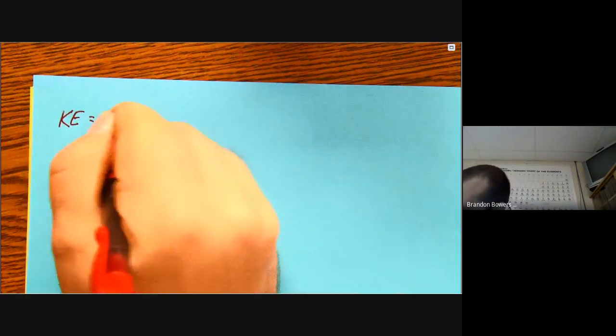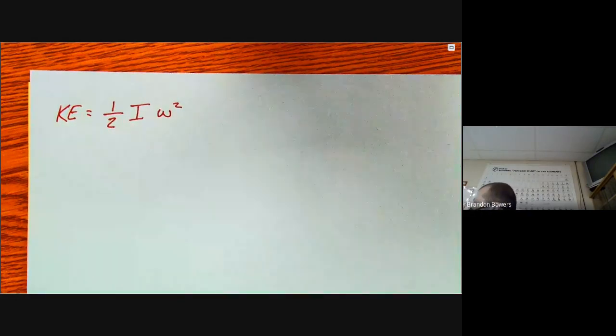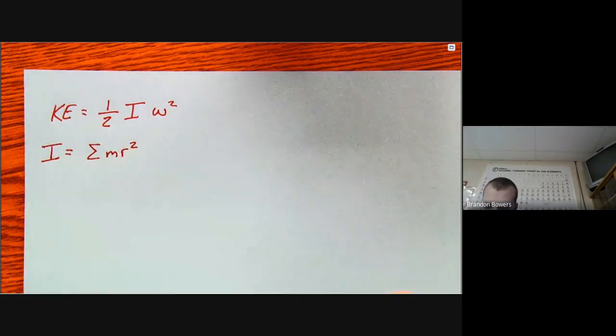We have learned, so my kinetic energy: kinetic energy is equal to 1/2 inertia omega squared. Inertia, we just covered that. Inertia is the sum of the mass times radius squared.